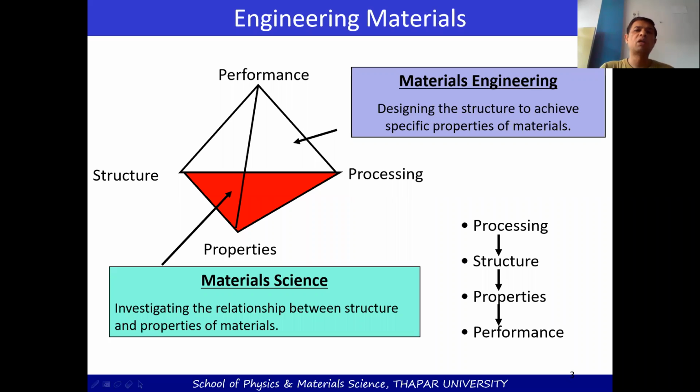All these four terms are strongly correlated. Say, if you change the structure, you can alter the properties, and if you alter the properties, you can alter the performance. Now, how can you change the structure? To change the structure of the material, you need to alter the processing conditions.